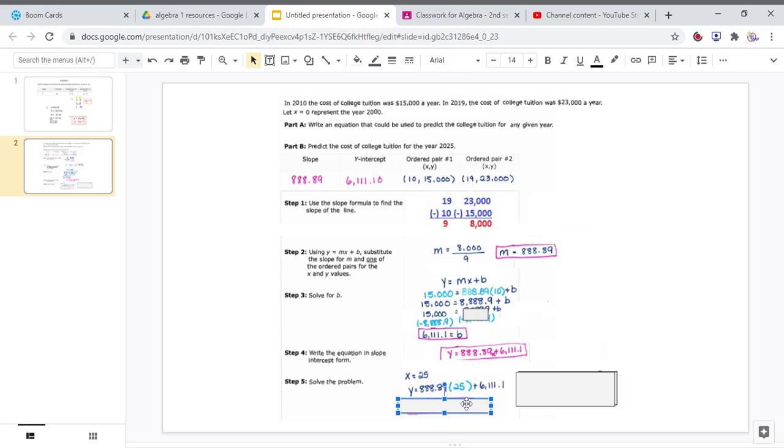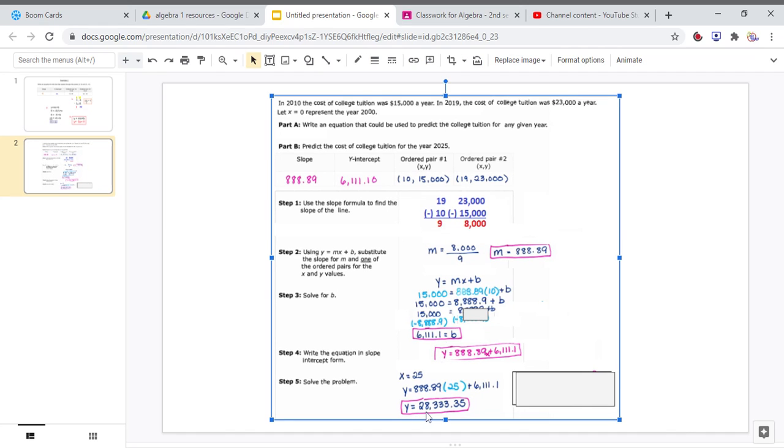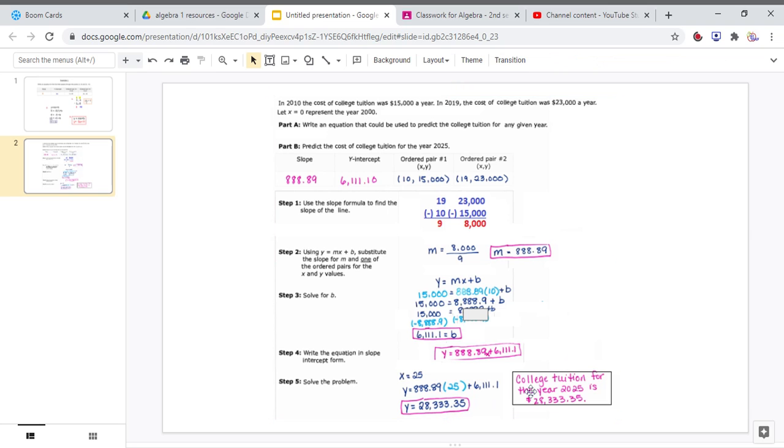And if you put this into your calculator, you find that the Y is $28,333.35. So college tuition for the year 2025 is $28,333.35.